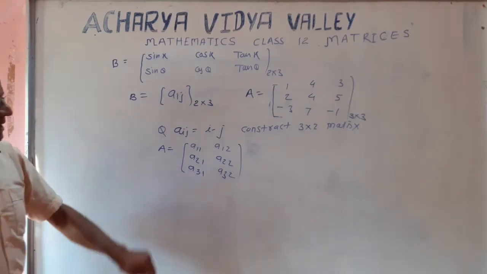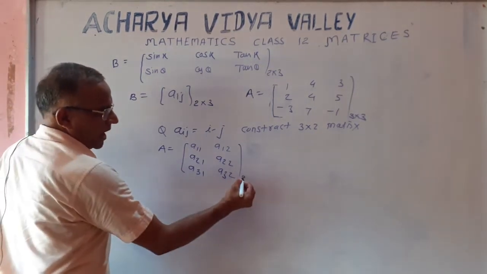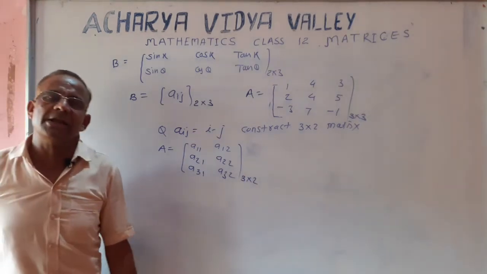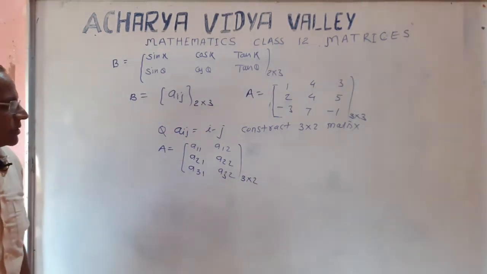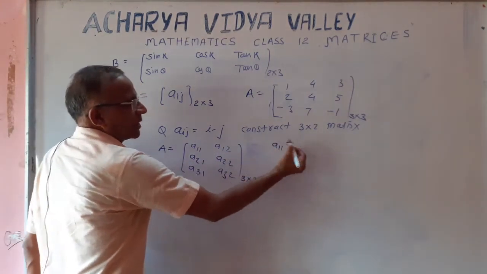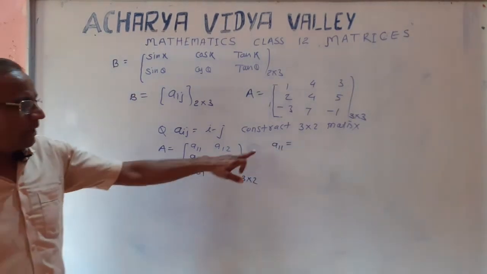It is a matrix of order 3 by 2, meaning the number of rows is 3 and the number of columns is 2.